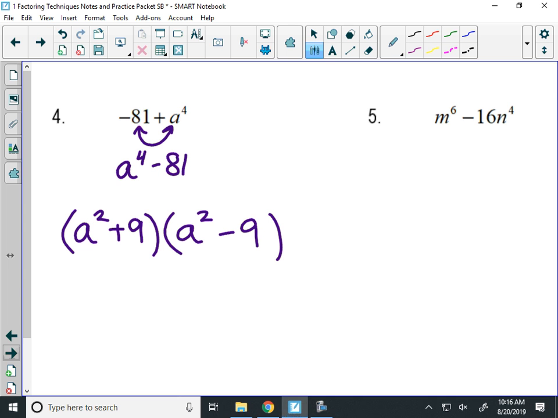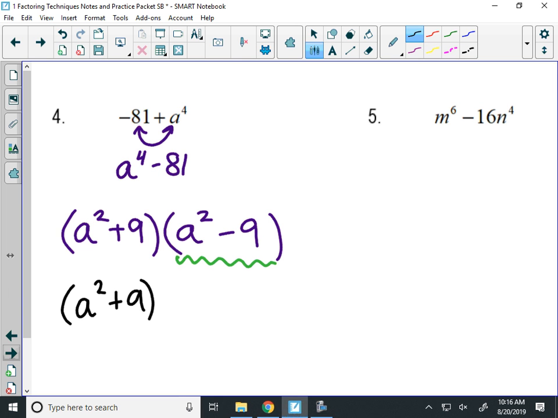What can I still do? Which one? First set or the second? This one has a plus. The second one, I can do difference of squares again. I'm not done here. A squared plus 9, that's prime. That's a plus. I can't factor it anymore. So it stays the same. It's finished.